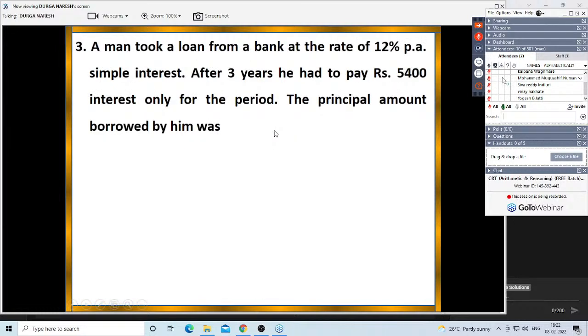Okay, next one. A man took a loan from a bank at the rate of 12% per annum, simple interest.